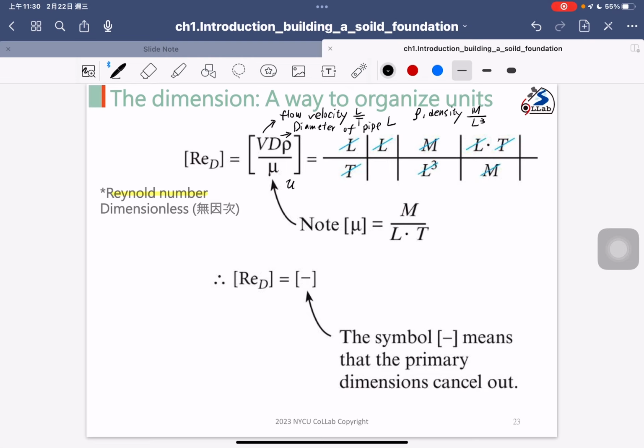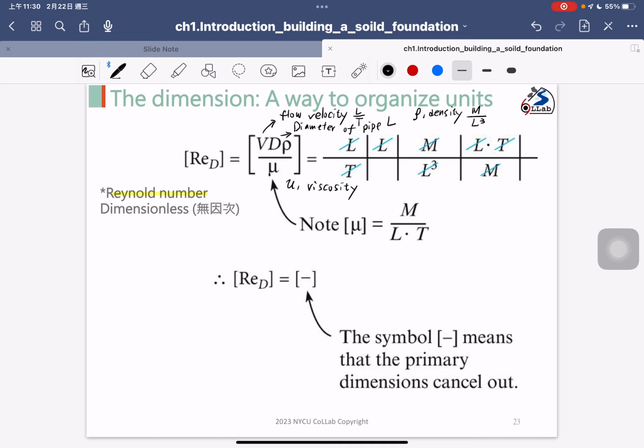The mu here is the viscosity. And in chapter 2, I will teach you more details about the viscosity.